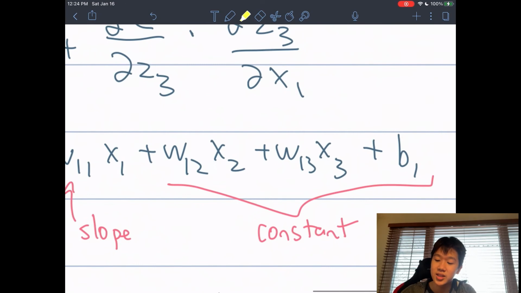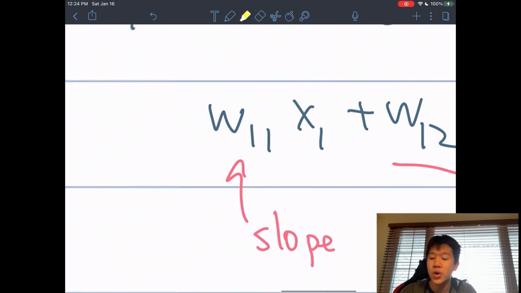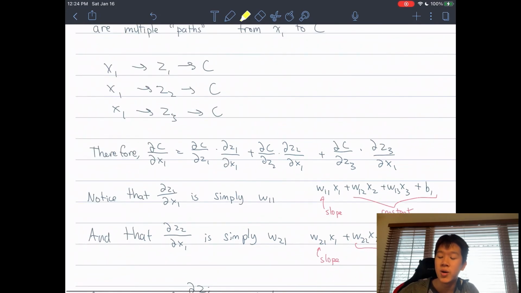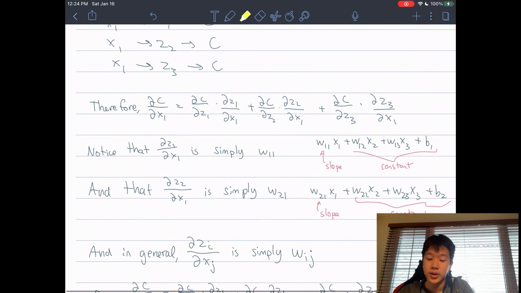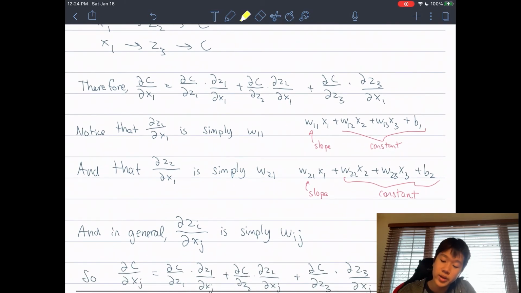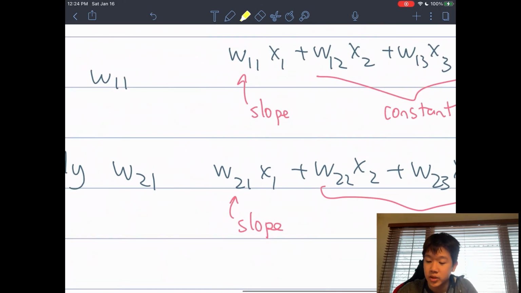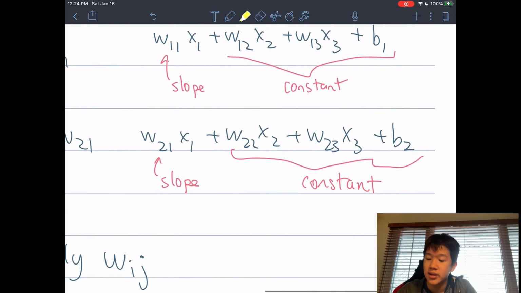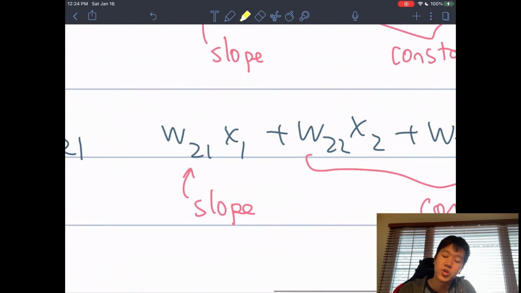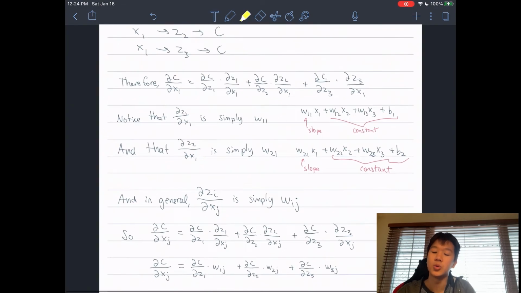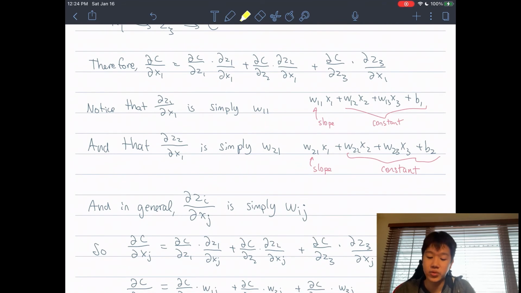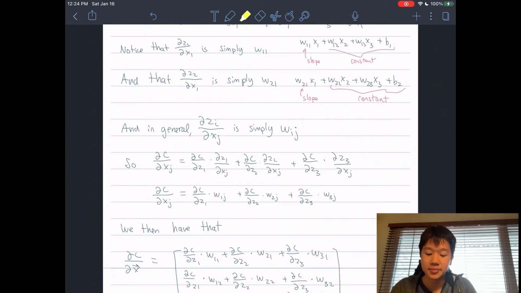Because this is just a constant, since it doesn't have an x1, and the one with the x1 has a slope of w11. We also know that del z2 over del x1 is simply w21, same logic applied. So w21 is in front of the x1, so this is the slope. And in general, del zi over del xj is simply wij.